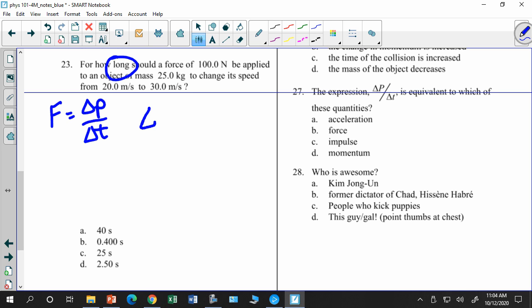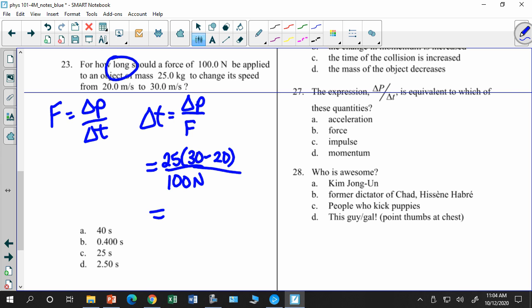So I say delta T is equal to delta P divided by my force. I have a force of 100 newtons. I have a momentum change of 25, that's my mass, times v final minus v initial, 30 minus 20. That's 250 over 100, or 2.5 seconds. You'll see problems like that on these Newton's second law problems.